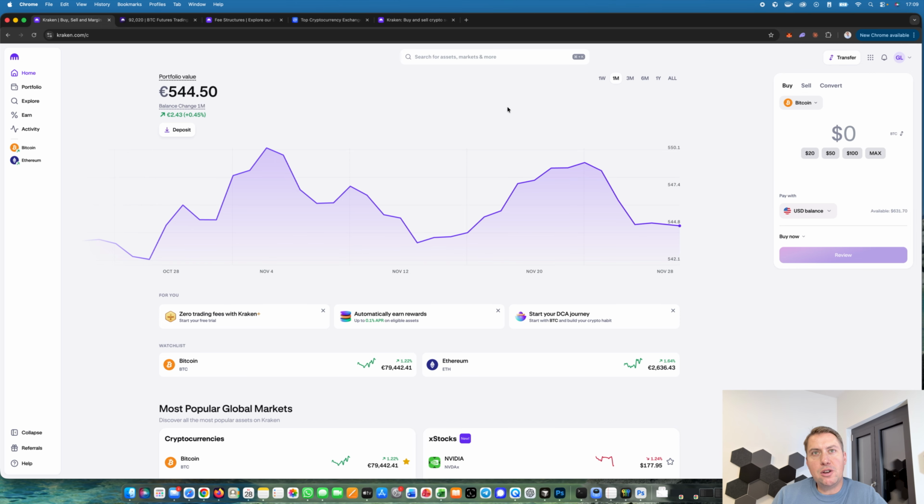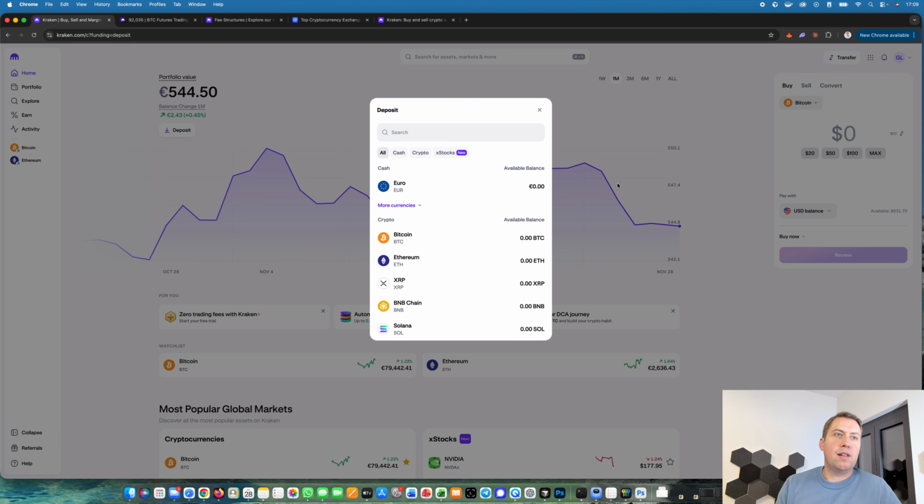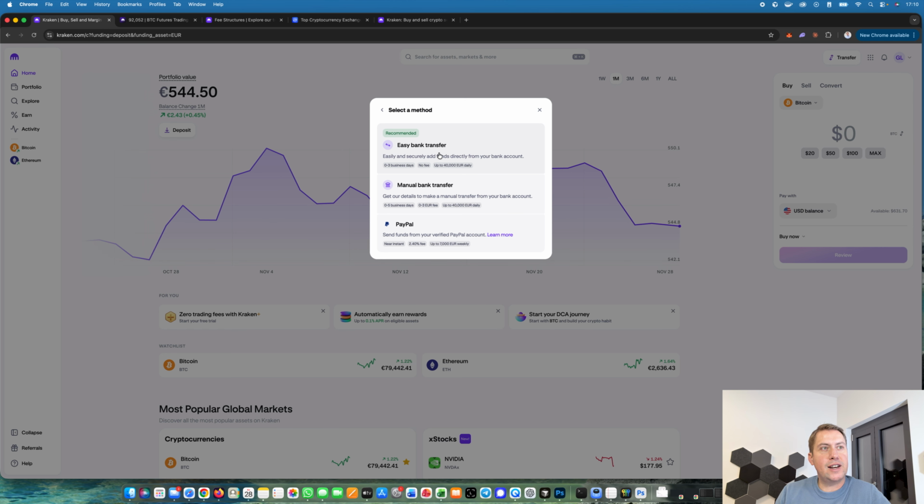And the first thing you usually want to do is deposit some money. If you are starting out in crypto, you probably want to deposit euros, and that's quite easy. You just click on transfer and then select euros.